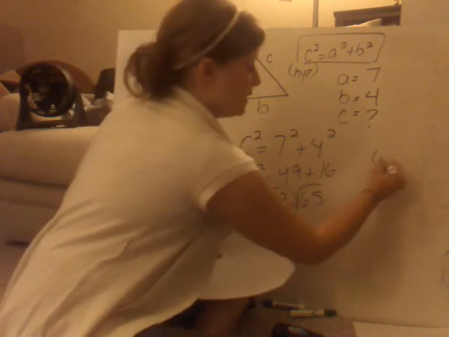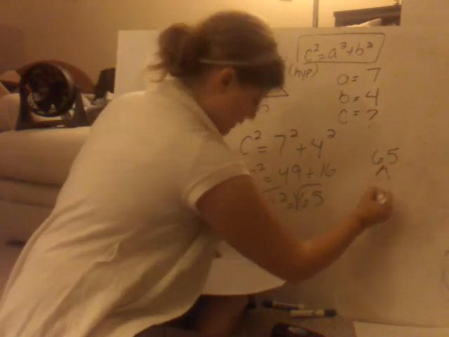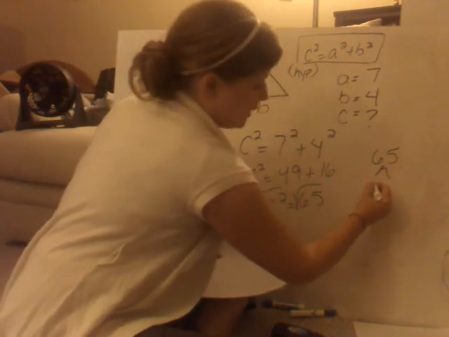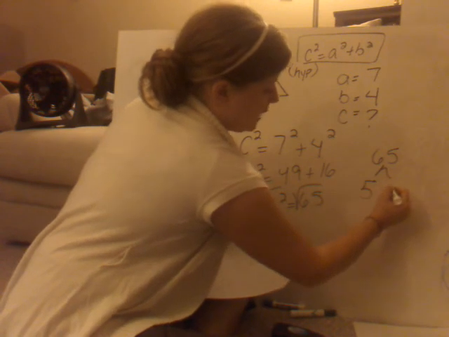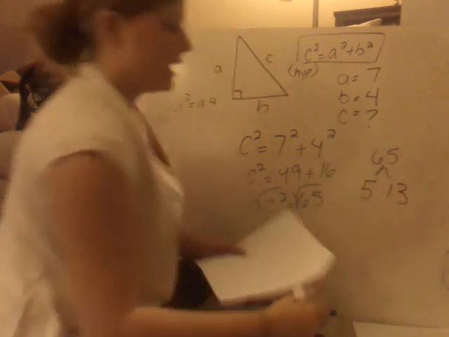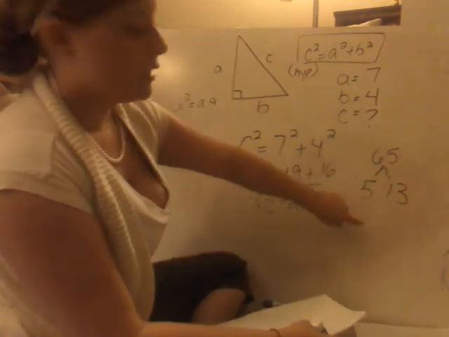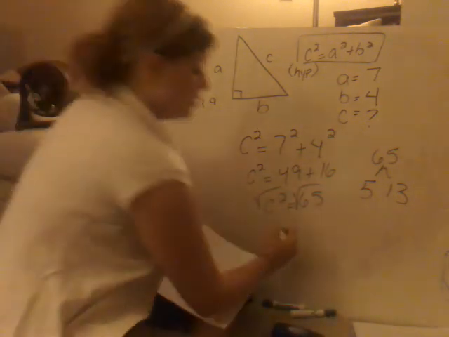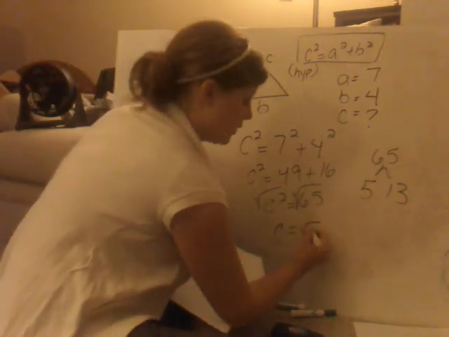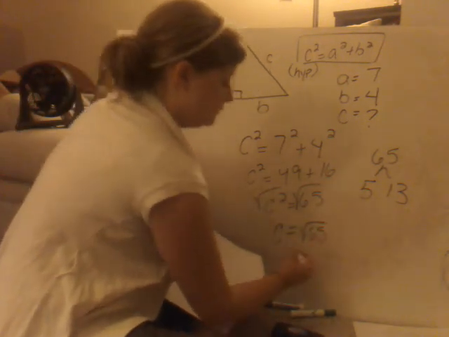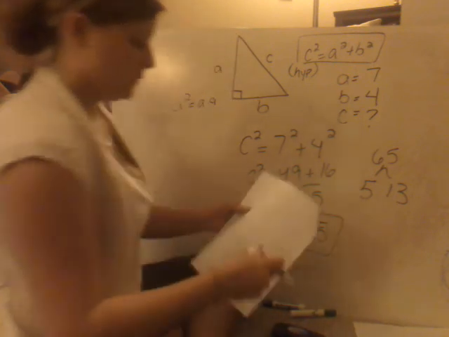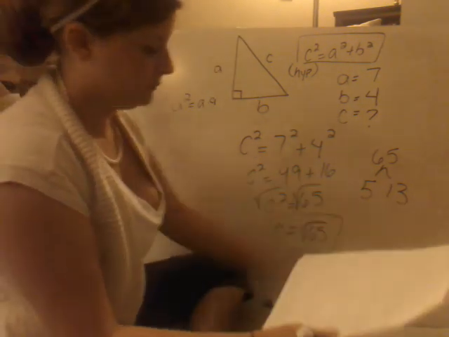So I come over here and I break down 65. 65 is the same as 5 times 13. And I can't break this down anymore. So that means that 65 is not a perfect square. So I have C is equal to the square root of 65. And that's number 14.